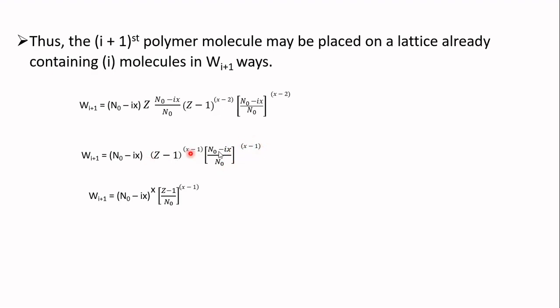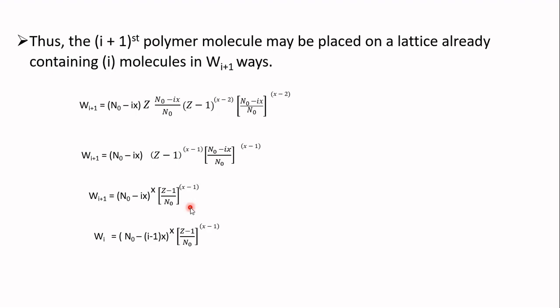So on combining these two, we will get (z minus 1 divided by N0) whole to the power x minus 1. This is the probability for the addition of the I plus first polymeric chain to the crystal lattice.